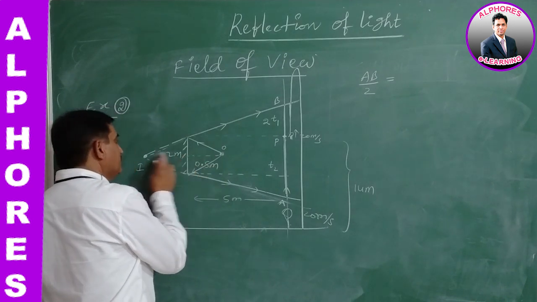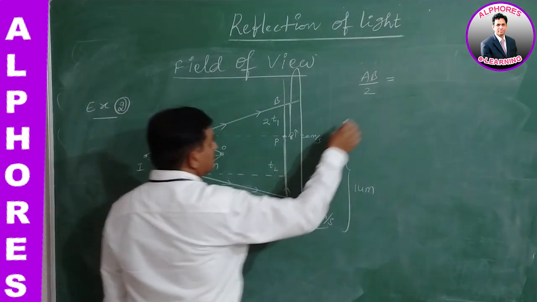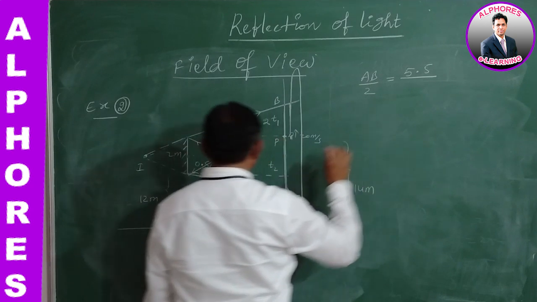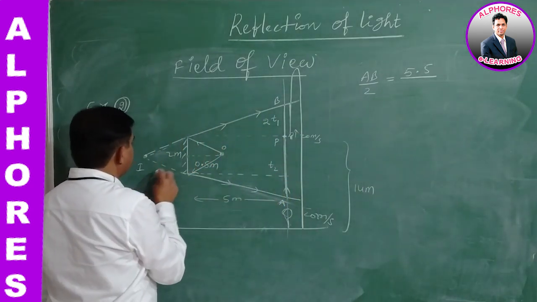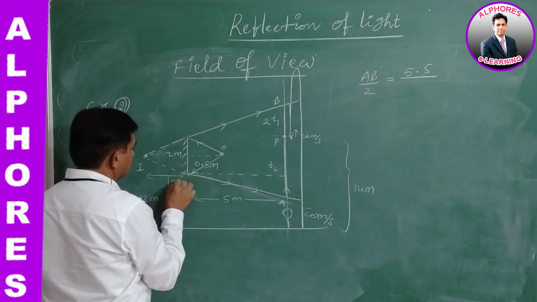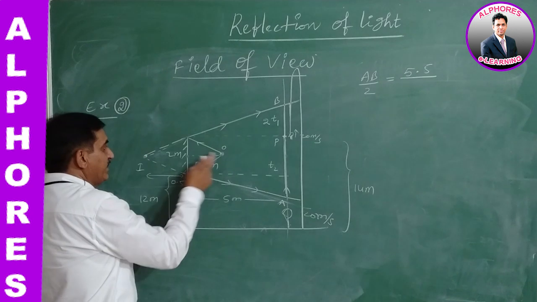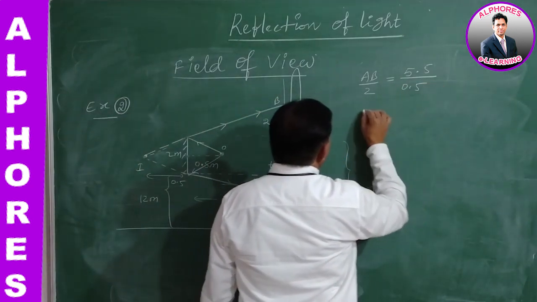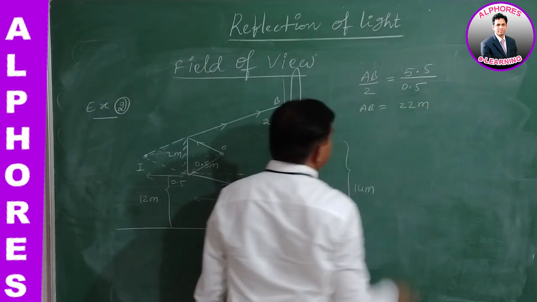This is 0.5, here it is 0.5, 0.5 plus 5 is 5.5, by how much from here to here? This is also 0.5, because the distance of the object equals the distance of the image, 0.5, 0.5, right? This is also 0.5.